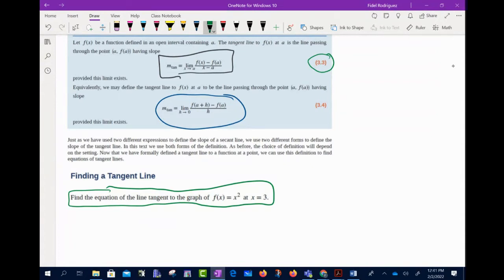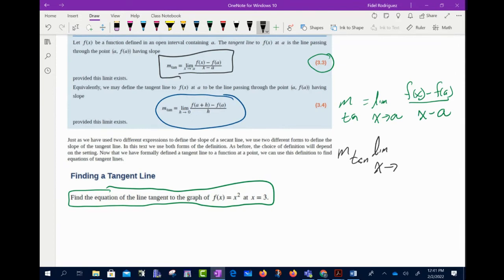The first thing I'm going to do is write that the slope of the tangent line is equal to the limit as x approaches a of f of x minus f of a, all over x minus a. Now we're going to apply it to our problem.